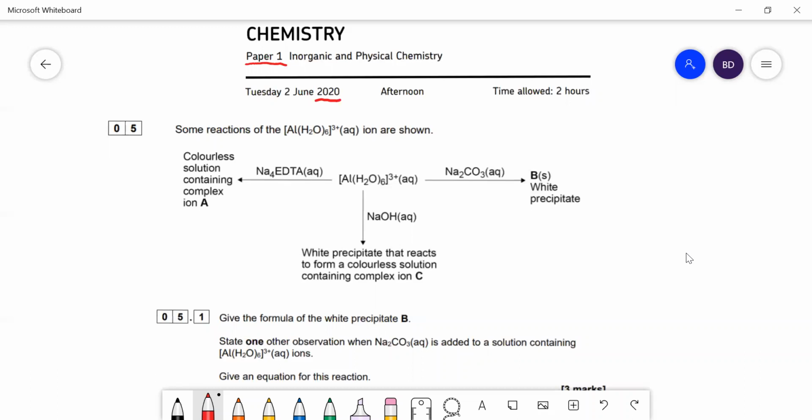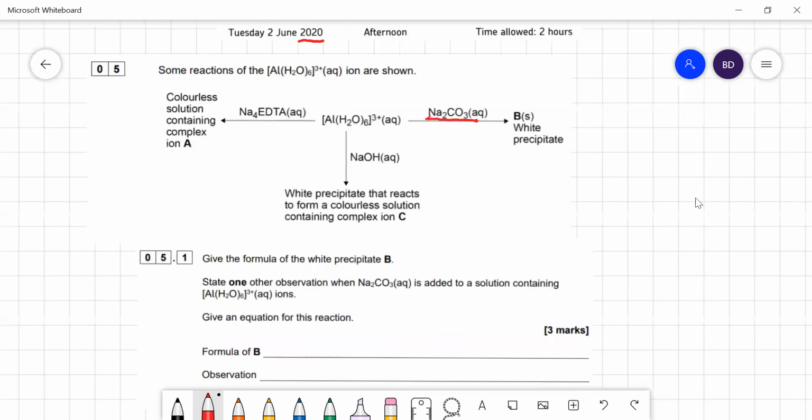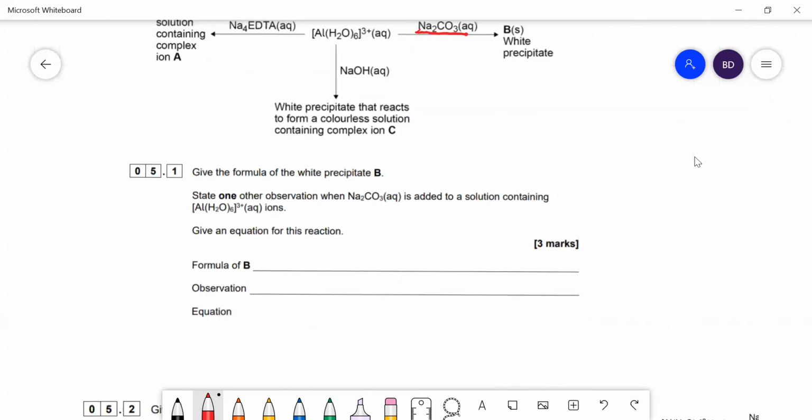Give the formula of the white precipitate B. Okay, right. So what happens here? We form that when we add sodium carbonate to the hydrated aluminium ions, and the reason why that works, of course, is because aluminium ions are acidic, and carbonate ions are basic.